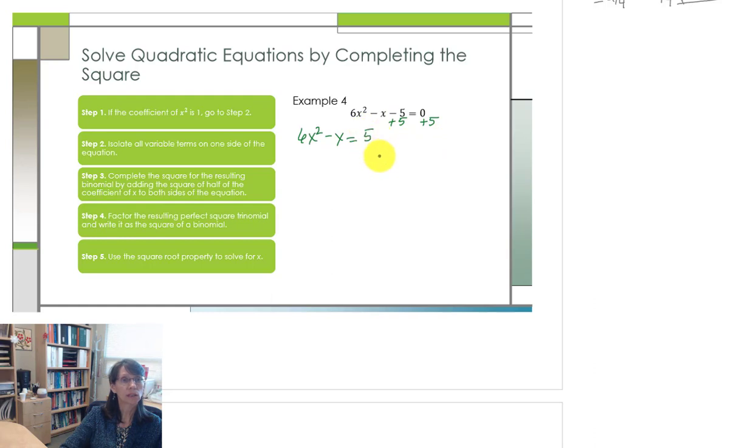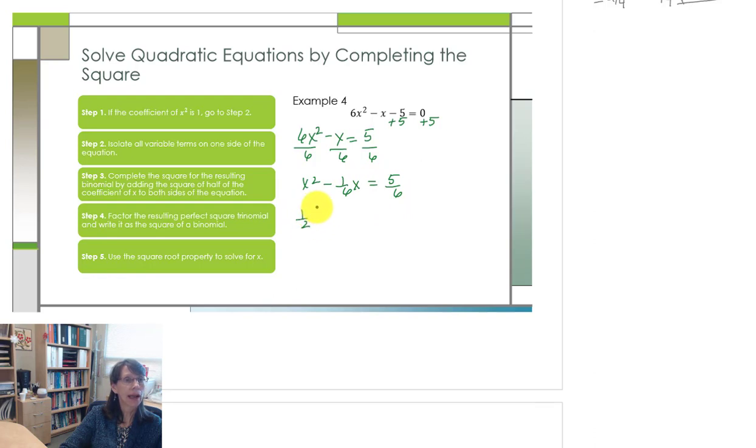So we have 6x squared minus x equals 5. So what we'll need to do is divide each term by 6 in order to get a lead coefficient of 1. So now we have x squared minus 1/6 x equals 5/6.